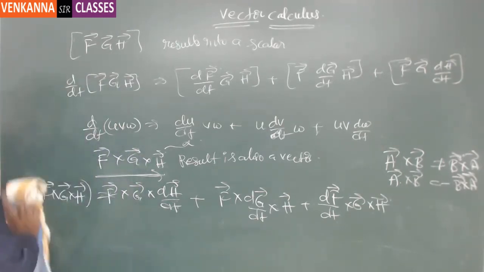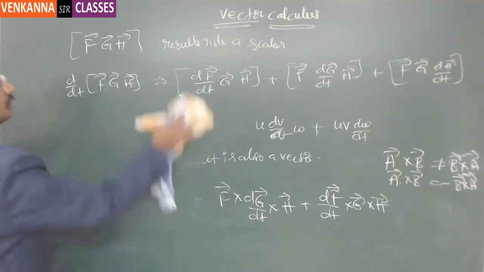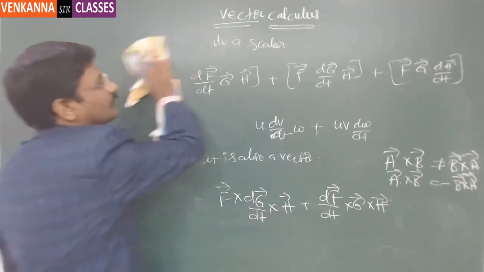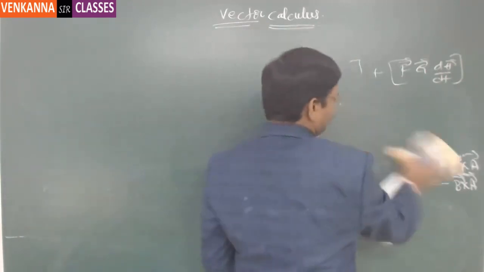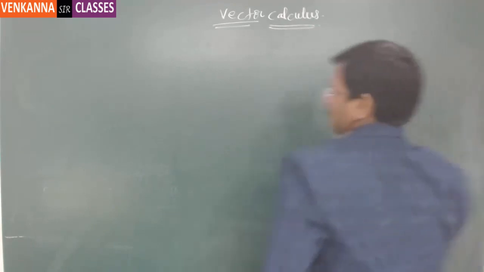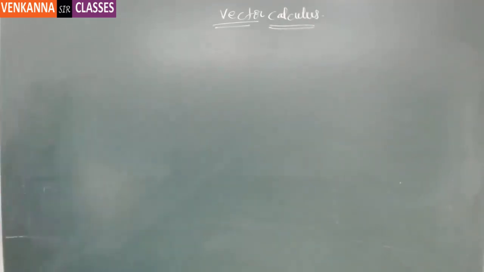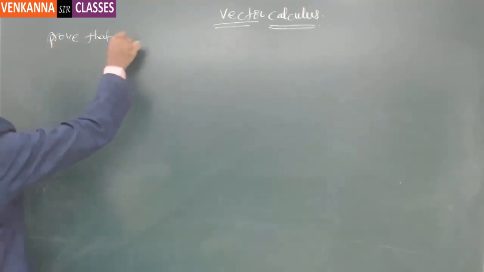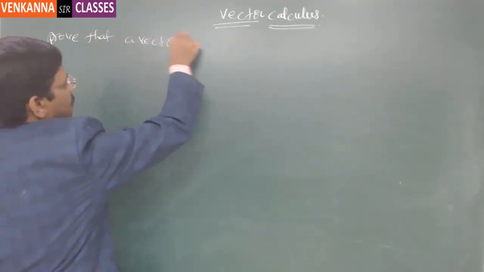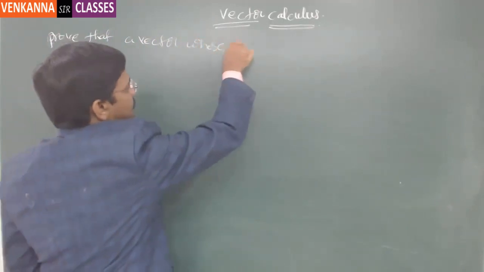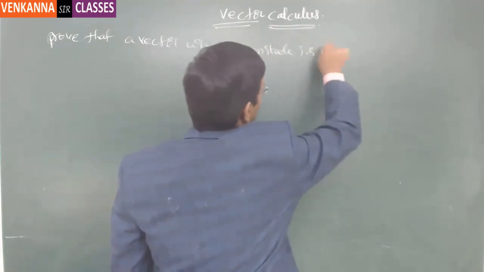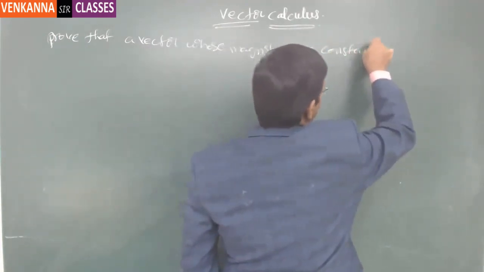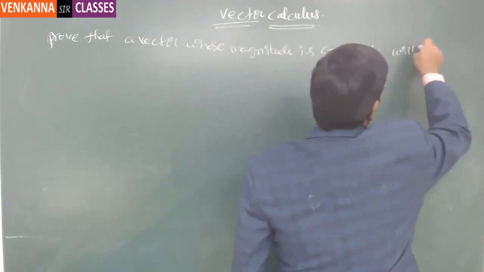Okay. Now, for a vector whose magnitude is constant, the derivative and the original vector are always perpendicular to each other. Now let us prove how this works. Prove that a vector whose magnitude is constant will be perpendicular to its derivative.